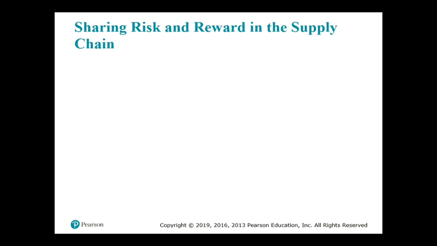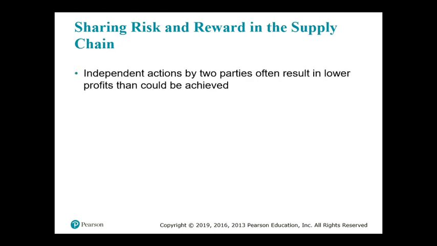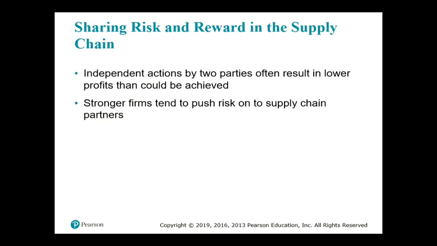So then how do we share risk and reward in the supply chain? Generally, as the goal of the supply chain, we want to align the incentives of everybody so that the size of the pie is larger.